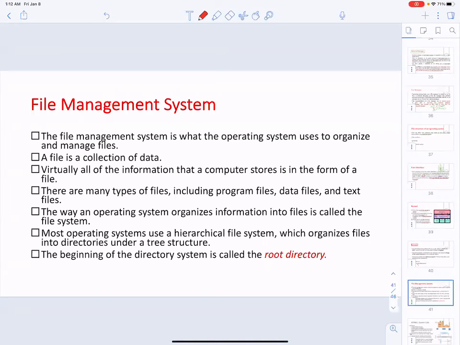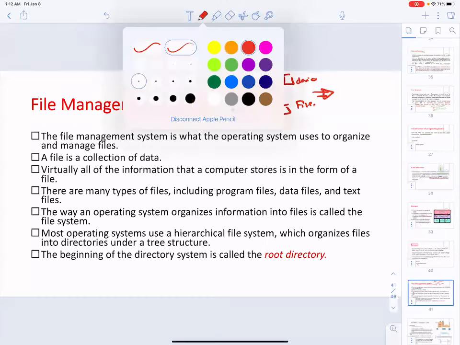So this is a different version of the four managers. When we talked about it before, an operating system has four managers, related to processes, memory, device, and file. So this is where we talked about the four managers of an operating system.